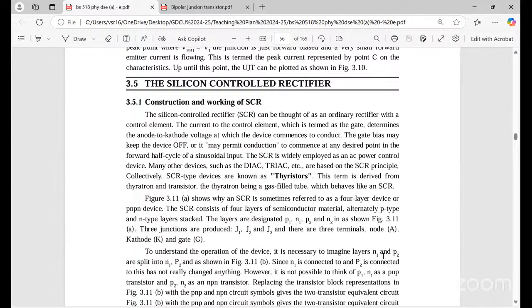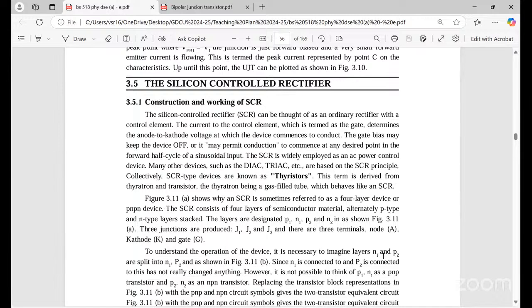SCR, silicon controlled rectifier, can be thought of as an ordinary rectifier with a control element. The current to the control element, which is termed the gate, determines the anode to cathode voltage at which the device commences to conduct.